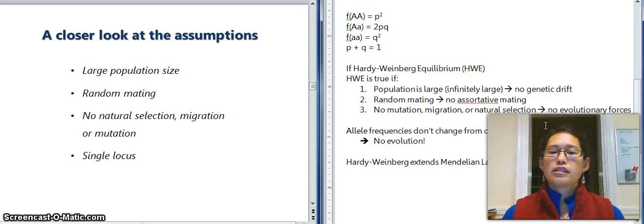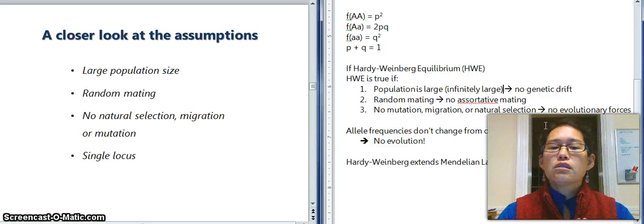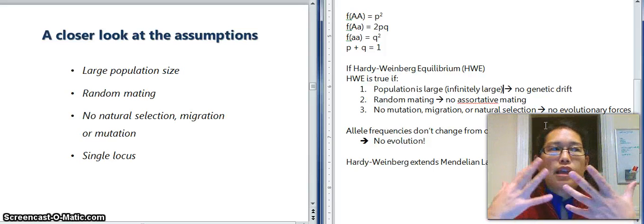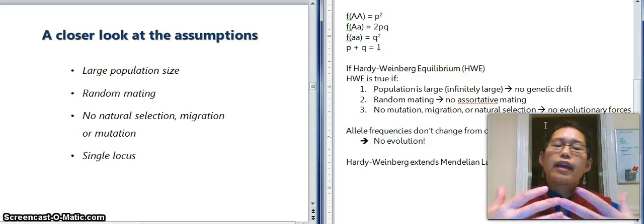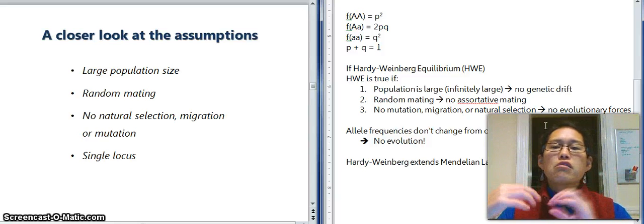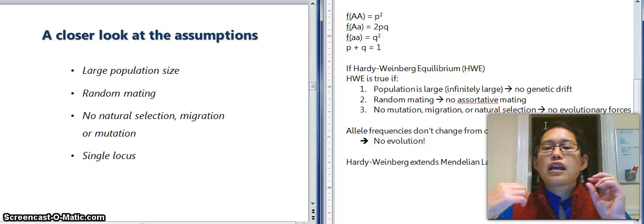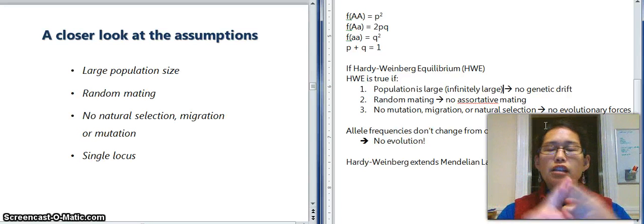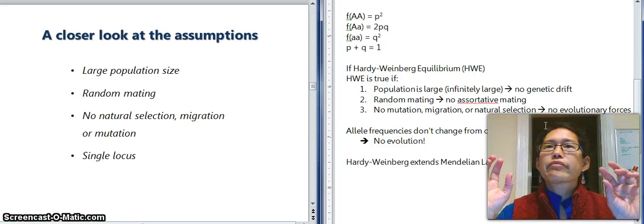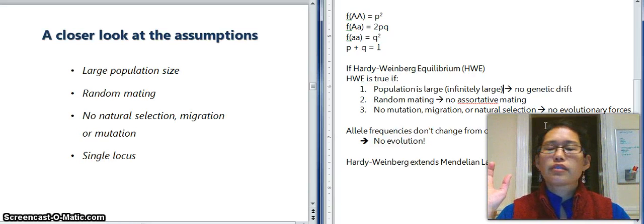And so what they can do is use Hardy-Weinberg equilibrium as a baseline, as a default, as something to compare their population to, to ask, hey, is our gene, our locus that we're interested in, affected by migration? Is it under selection? Hardy-Weinberg is kind of like a control for answering that question.